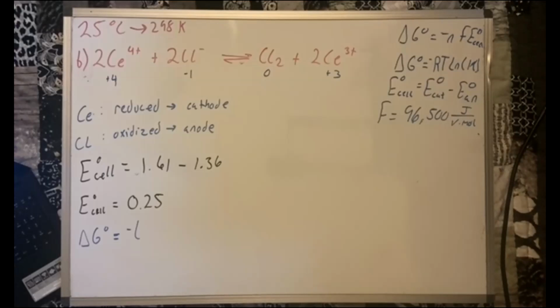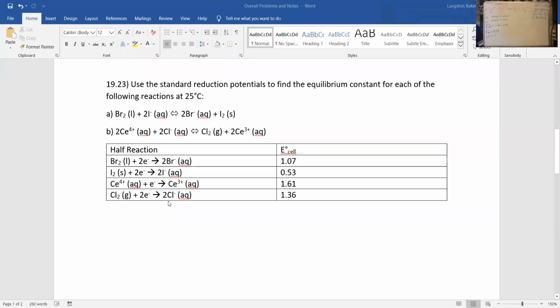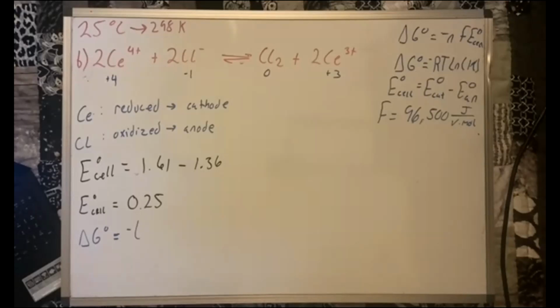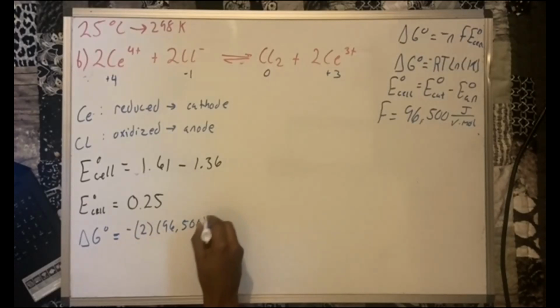So if we look at the reaction again, we multiplied this one by 2, so we had 2 electrons, and then 2 electrons in that one as well. So 2 again is our N. So 2, Faraday's constant, and then our Ecell.